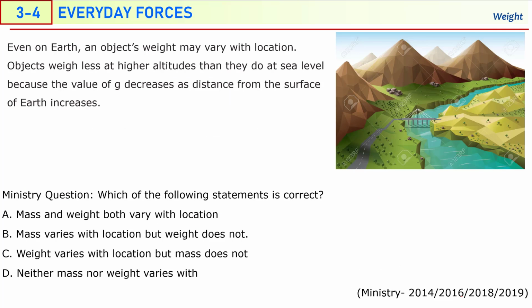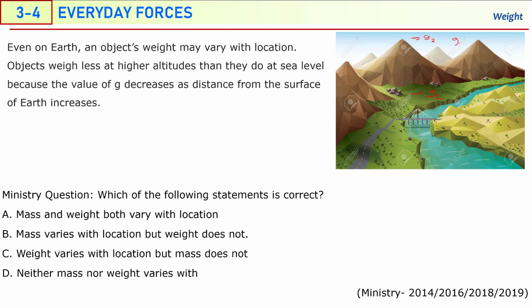Even on the Earth, an object's weight may vary with location, because the gravity of a planet changes as the distance from the center changes. At the bottom of a mountain we have greater gravity compared to the top of a mountain.